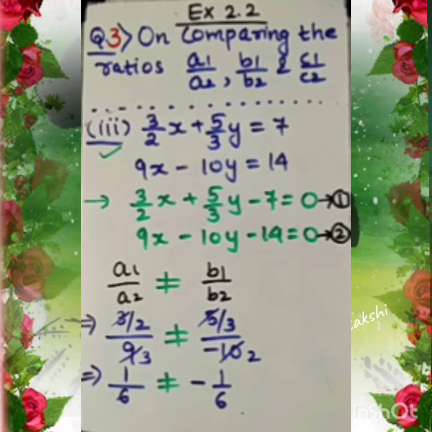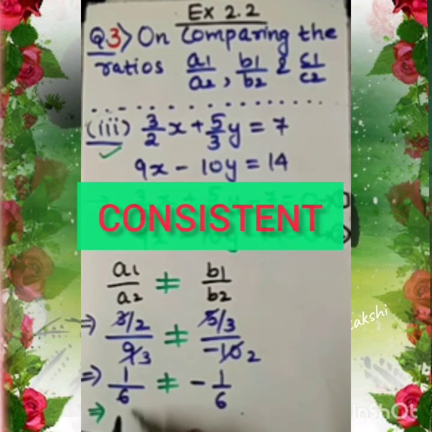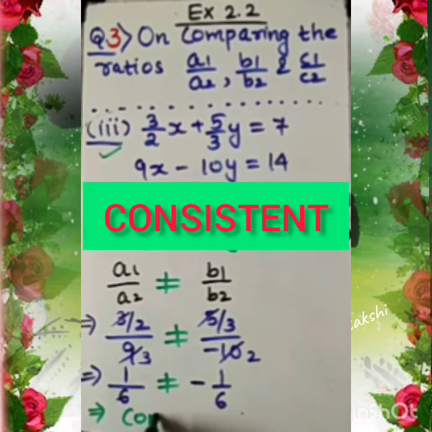But we have to respond in terms of whether the answer is consistent or inconsistent. So in such a case we can say consistent. The given linear equations are consistent.